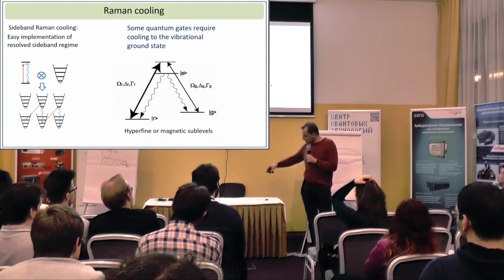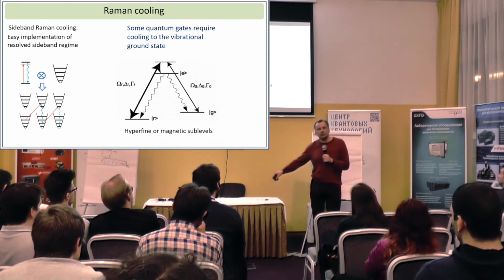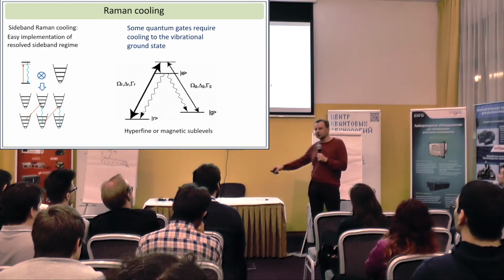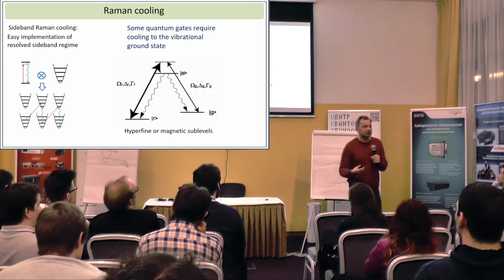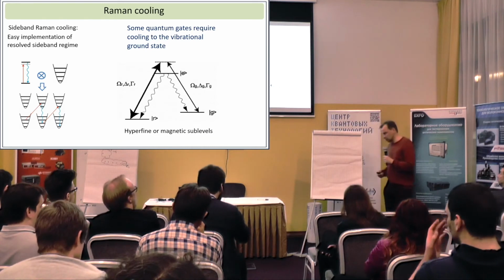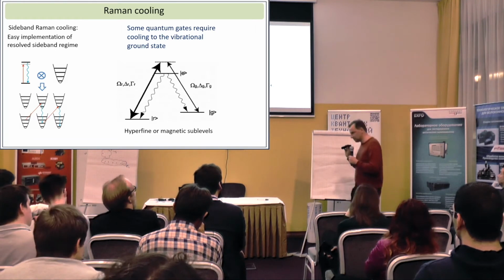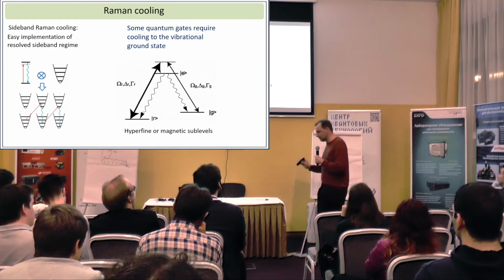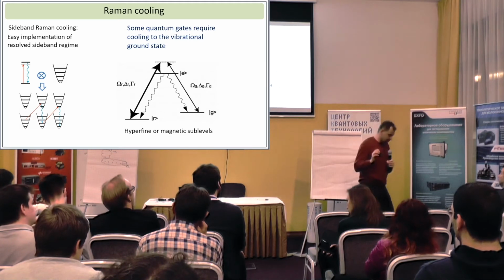For some reason, there is some additional heating. People do not understand very well where this heating comes from, but there is additional heating which comes from the surface. Either it's patch charges or some induced charges. People really do not know or understand clearly the physics which is behind it, but it's an effect.